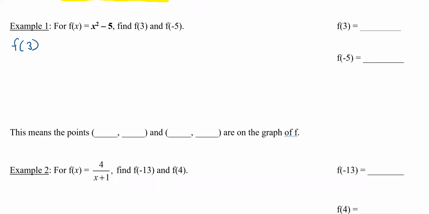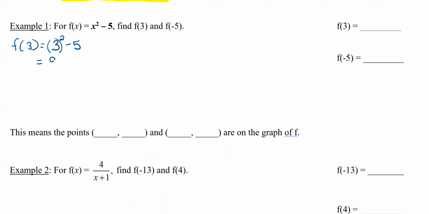That means wherever there is an x, substitute in 3. And I'm going to go ahead and put this 3 in parentheses, which is the same as without the parentheses, but you'll see why on the next example.